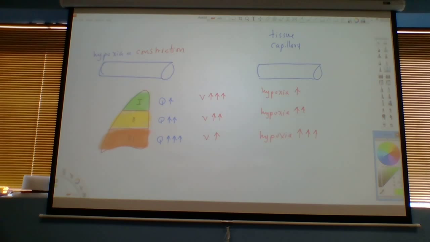Good. Now, where would you have the most vasoconstriction then? Wherever you have the highest hypoxia. So you will have the most vasoconstriction wherever you have the least amount of oxygen available. In the middle zone you will have moderate vasoconstriction.